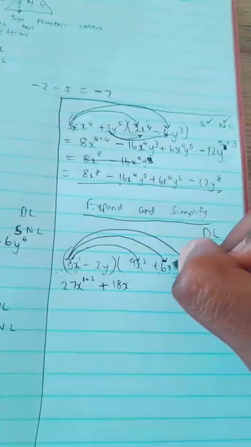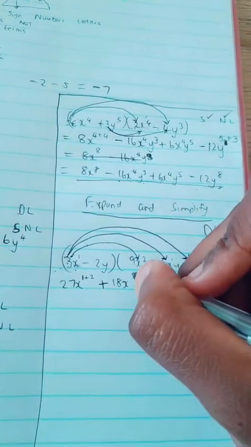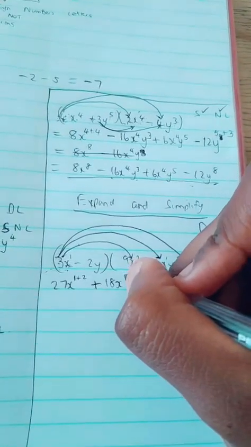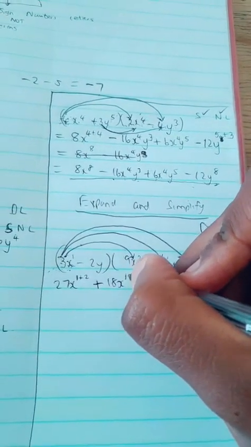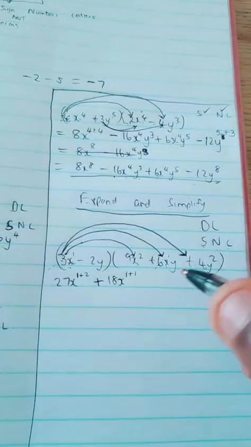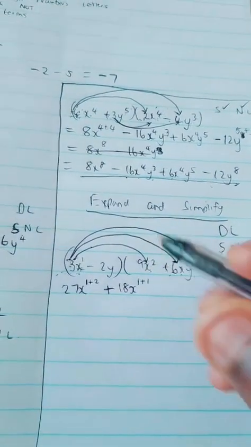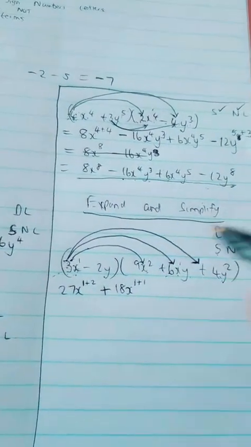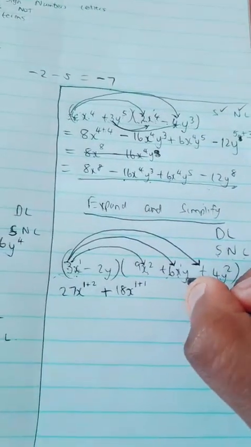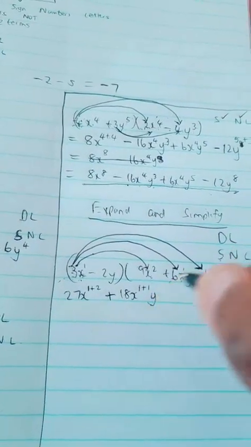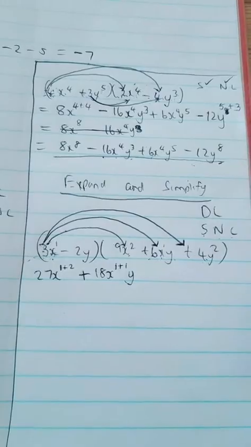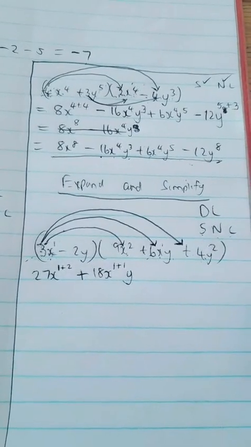There's a 1 and a 1. 1 plus 1. I wouldn't typically do this. I would just write 18x to the power 2. But I'm doing it for those that don't seem to get it. Then the y variable, we write it next door to the x. Are we together?